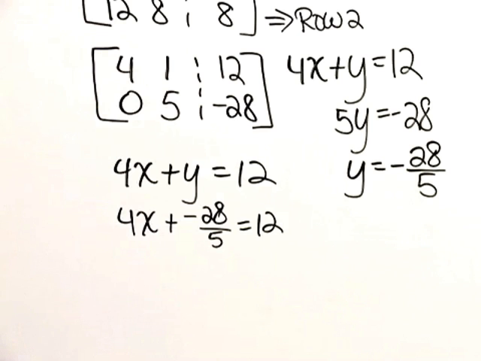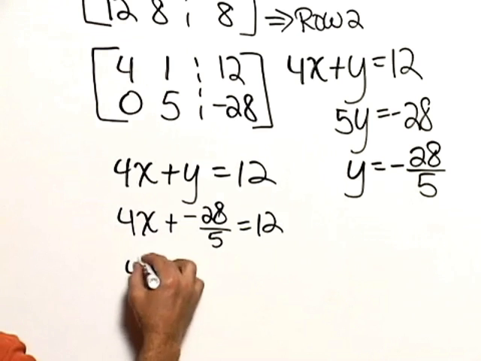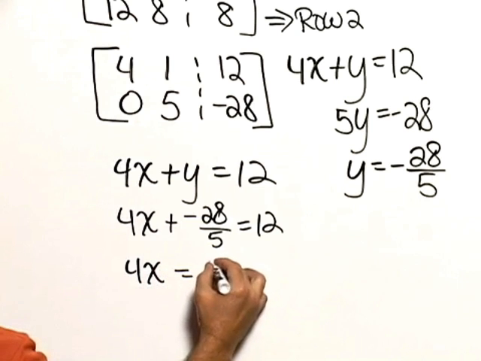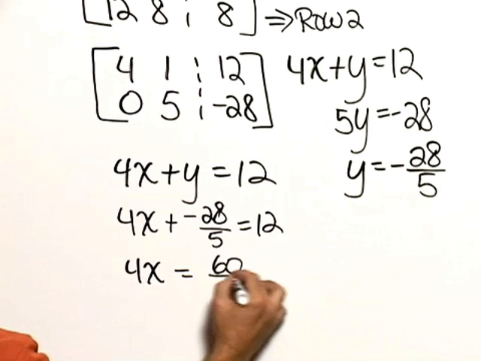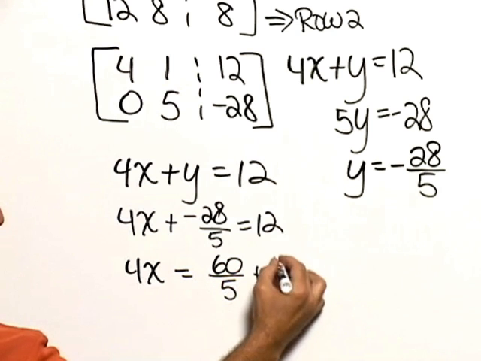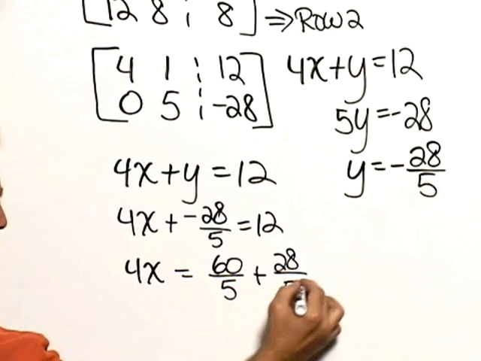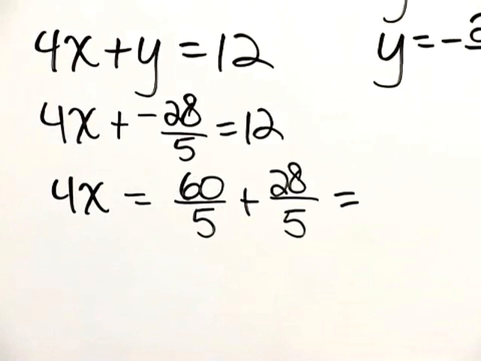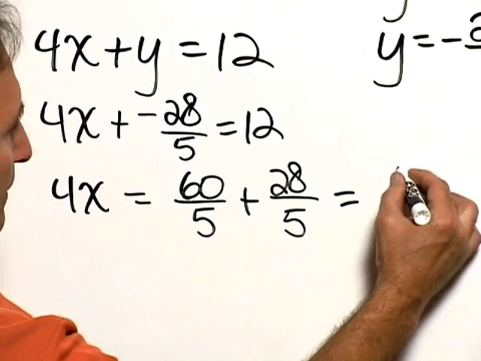Adding 28 fifths to both sides, 4x is equal to 12, which I'm going to write as 60 over 5 plus 28 over 5. So this is going to be equal to 88 over 5.